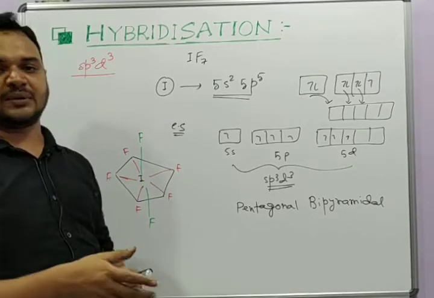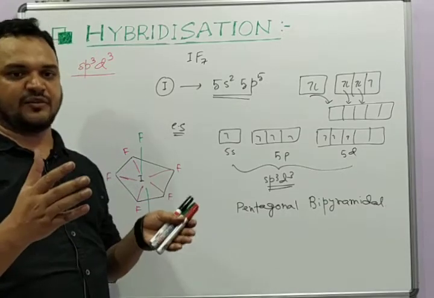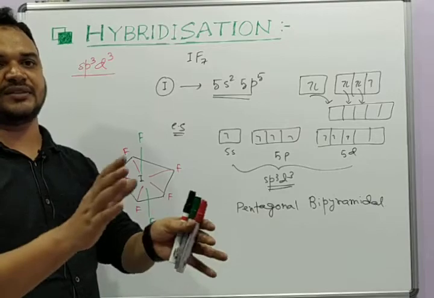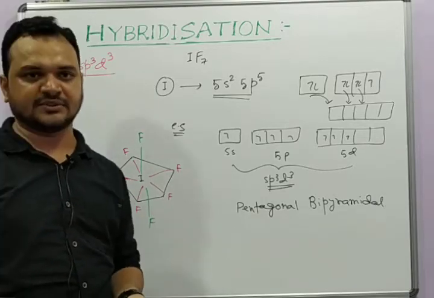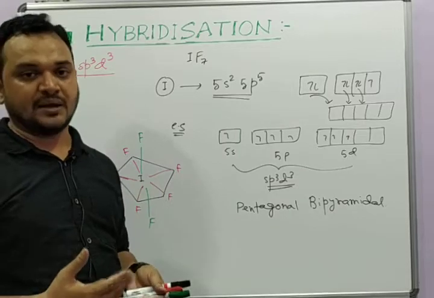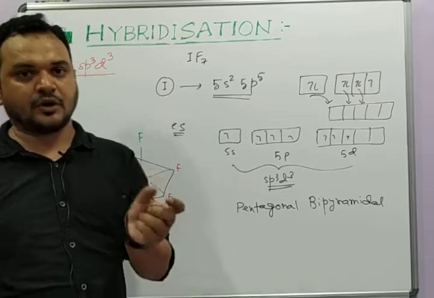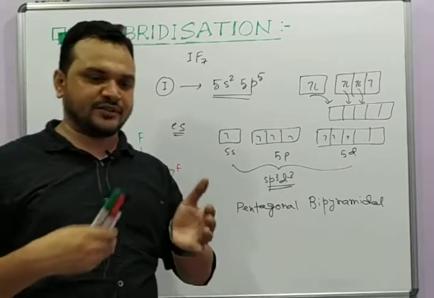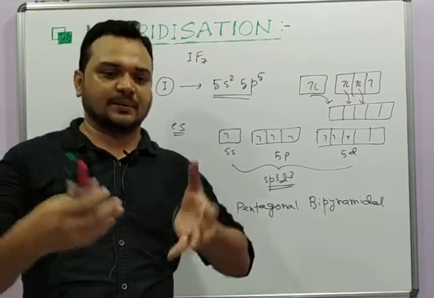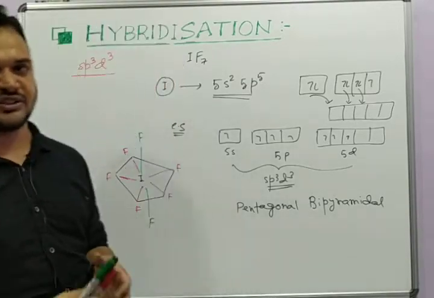A repulsive interaction just because of scarcity of space. For example, in a very small room, if so many friends are trying to accommodate themselves, then though they are friends, still they will repel each other. Why? Because of scarcity of space. So just because of deficiency of space, if there is a problem in accommodating some atoms or molecules, then that repulsive interaction is known as a steric interaction.